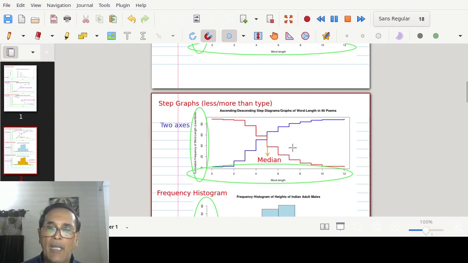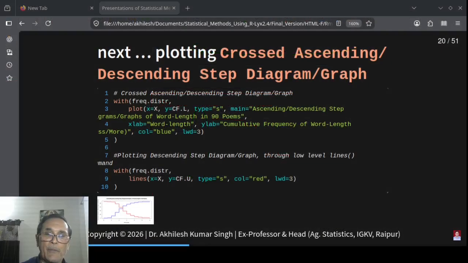Note that the crossing point corresponds to the median on the x-axis. Here the median value is 5, so it indicates 5. The crossing point actually takes place at the median value of word length, which is 5 here. Okay, now coming back to our presentation.